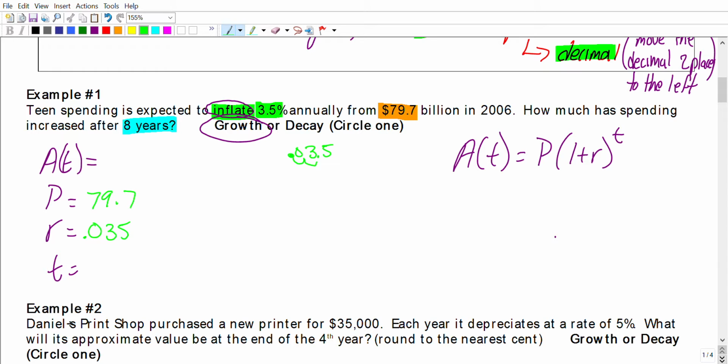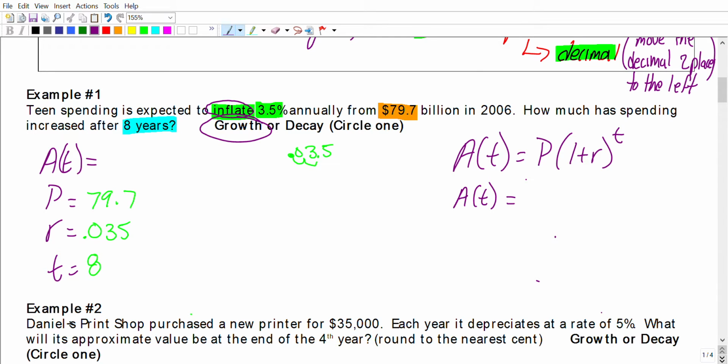Let's find our last bit of info. It says how much spending was increased after 8 years, and that, of course, is our time. So we have everything. The only thing we don't have is the A of t, but that's fine because that's what we're looking for.